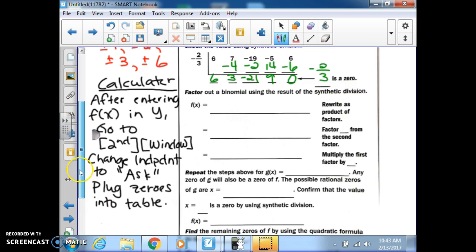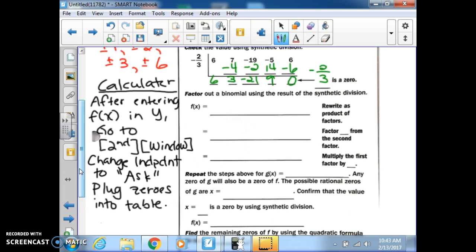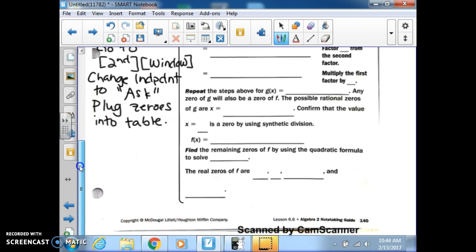So -2/3 is a 0. We also know 1/2 is a 0. So you could do synthetic division again to get the 1/2. In this case, we're going to have to do that.